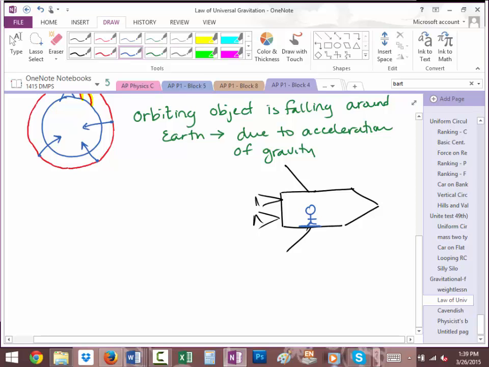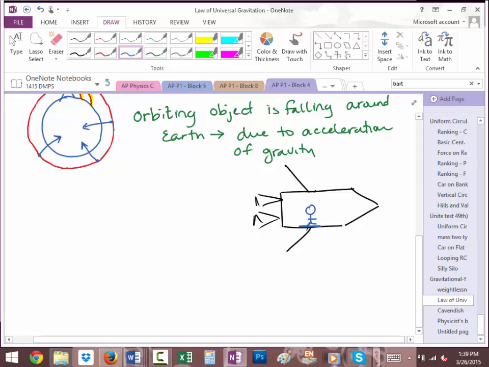okay? What's the bathroom scale going to read? mg. It's going to read his weight, right? Or her weight. It's going to read her mass times acceleration due to gravity. Does that make sense?